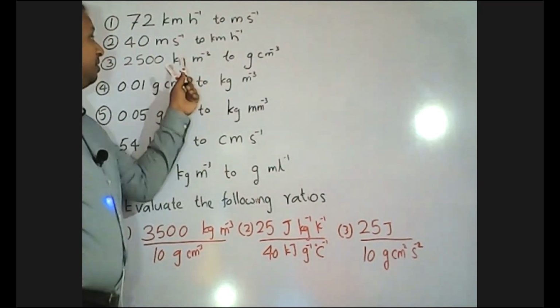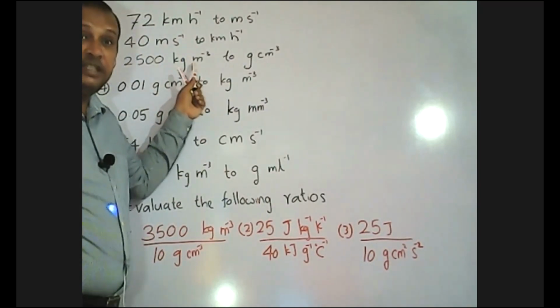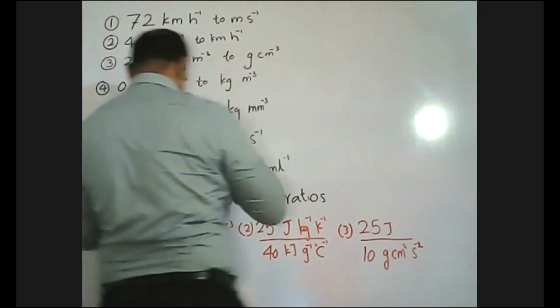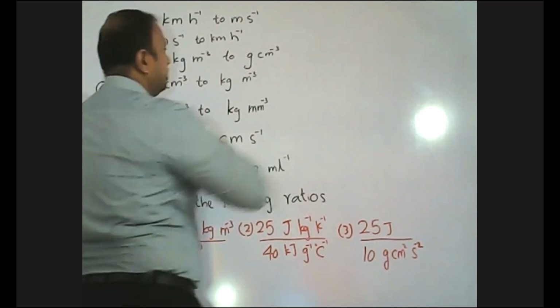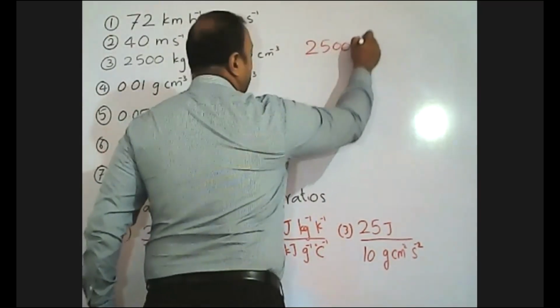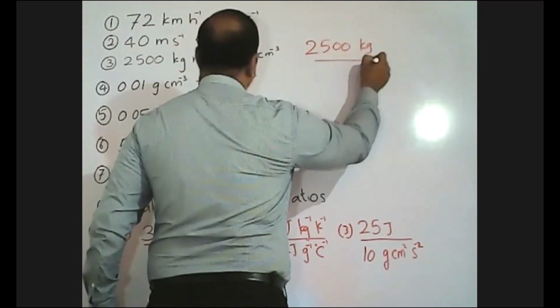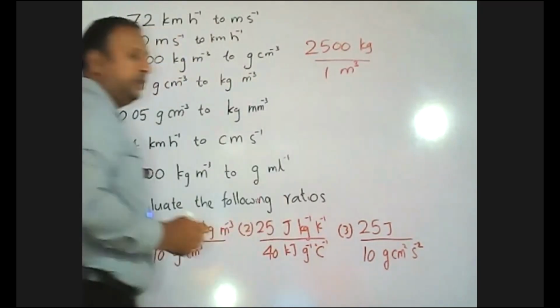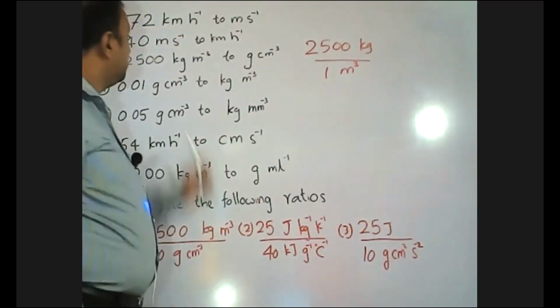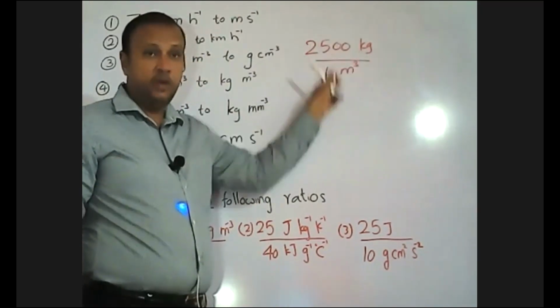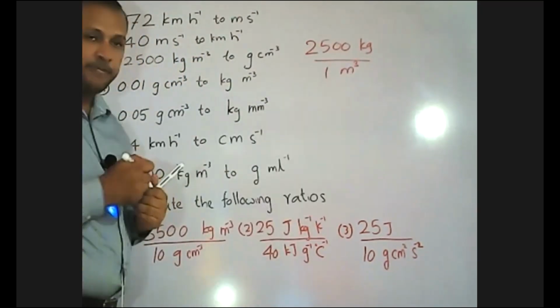So we have to convert a large scale into a small scale. Let's do that. 2,500 kg over 1 cubic meter. The first thing I have to do is write this unit as a fraction. That is the first step.